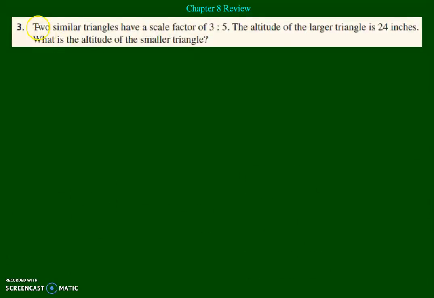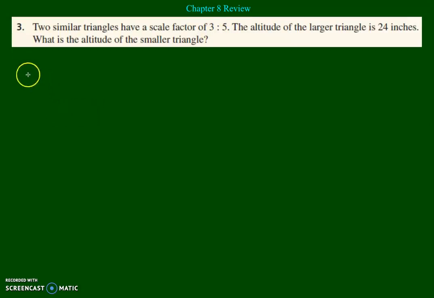In this problem, we have two similar triangles with a scale factor of 3 to 5. The altitude of the larger triangle is 24 inches. We want to know what is the altitude of the smaller triangle. In problems like this, the best way to solve these, in my opinion, is to use a proportion. So we're going to start with the first ratio, 3 to 5.